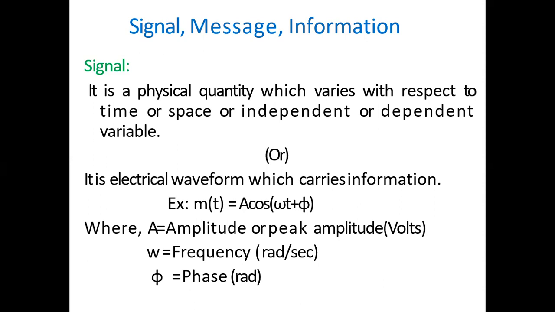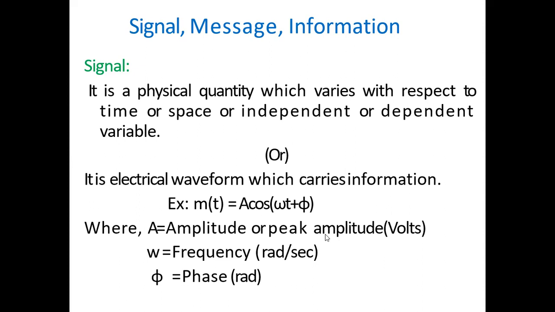Coming to the representation of a signal, normally we will represent it as x of t, y of t, z of t. It's our choice. Here I am representing it with m of t, taking a cosine signal. If you take either a cosine or sine wave, you know that you will have an amplitude, frequency and phase.